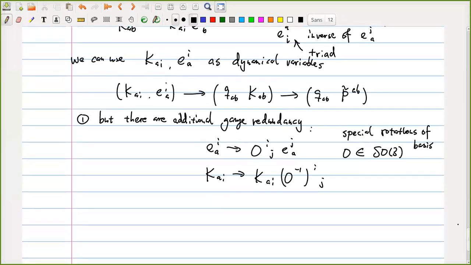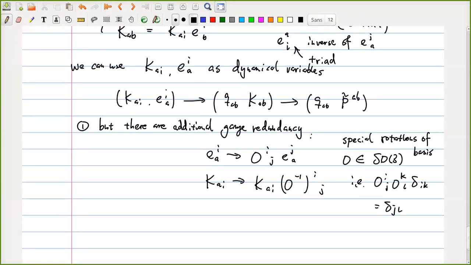What I mean by special rotation of the basis is that O_ij O_kl delta_ik equals delta_jl.